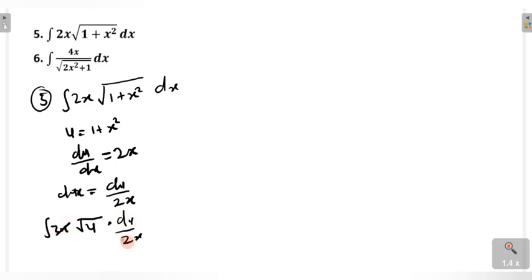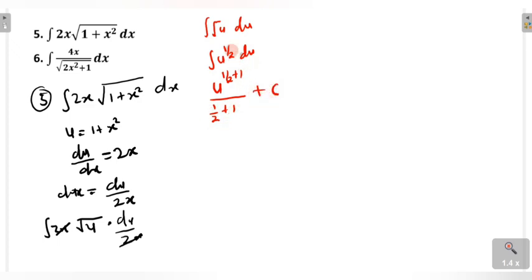So from here you can see that this would cancel out this. So that's the essence. Once that cancels out that, we are left with integral of square root of u du. So all we have to do is to write this as fractional indices. So this is going to be u raised to power 1 over 2 du. Then apply the integral formula. So we're going to have u raised to power 1 over 2 plus 1, divided by 1 over 2 plus 1, plus the constant c.